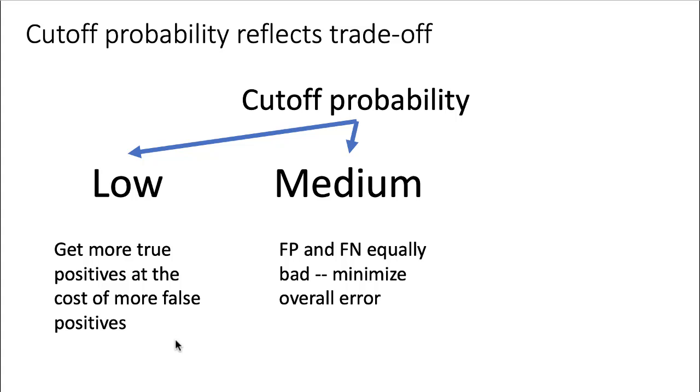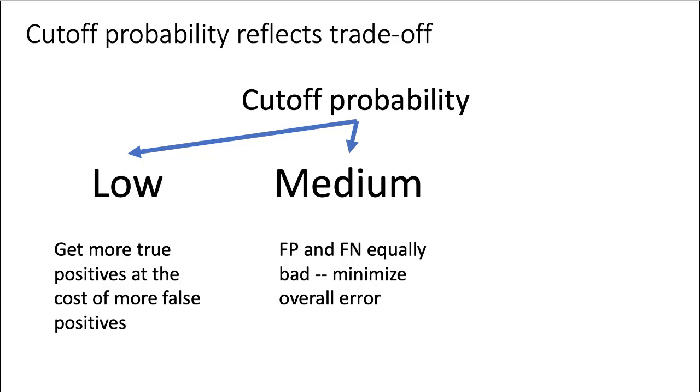So if the cutoff is low, you get more true positives, but you also get more false positives. Okay, if the cutoff is medium, then false positives and false negatives are equally bad, and therefore you will minimize the overall error if the cutoff is like 0.5. Usually with a cutoff of 0.5, you get the minimum overall error. But often you're not interested only in the minimum overall error.